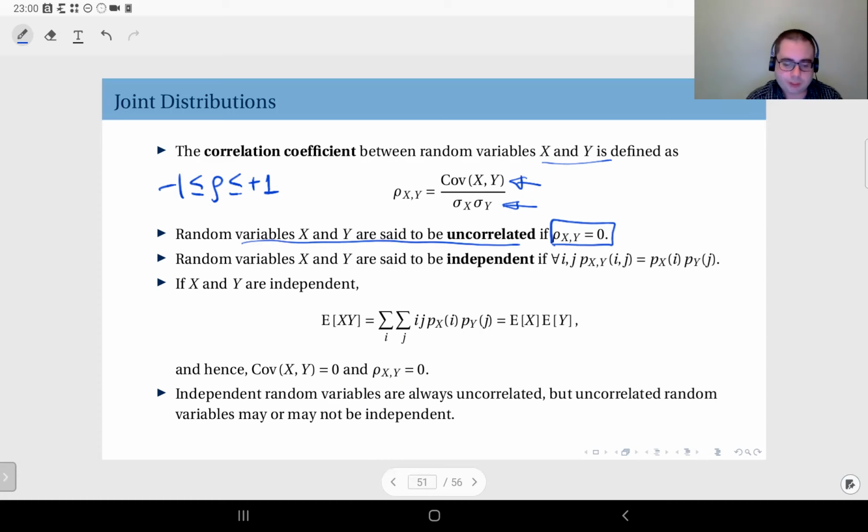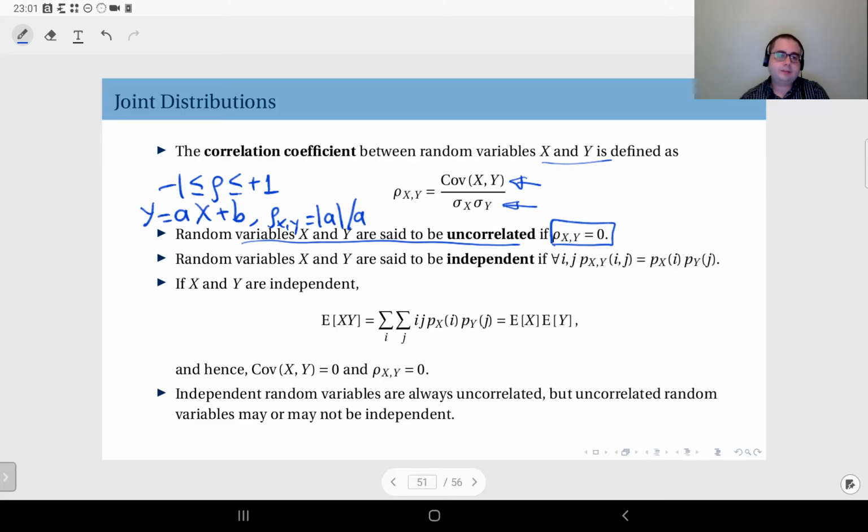So if you have, for instance, random variable X and random variable Y as a linear function of X, this is the most strongly correlated case where one is a linear function of the other, in which case their correlation coefficient will be equal to either plus or minus 1. If a is a positive number, their correlation coefficient will be +1, because when one of them increases, the other will also increase.